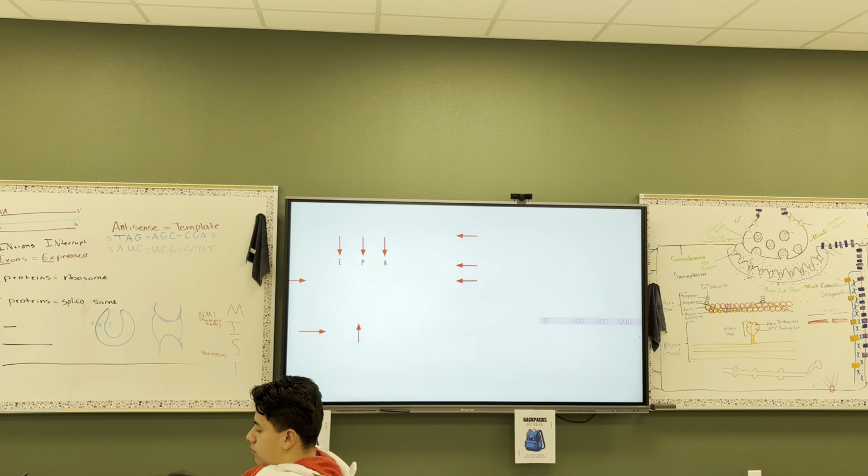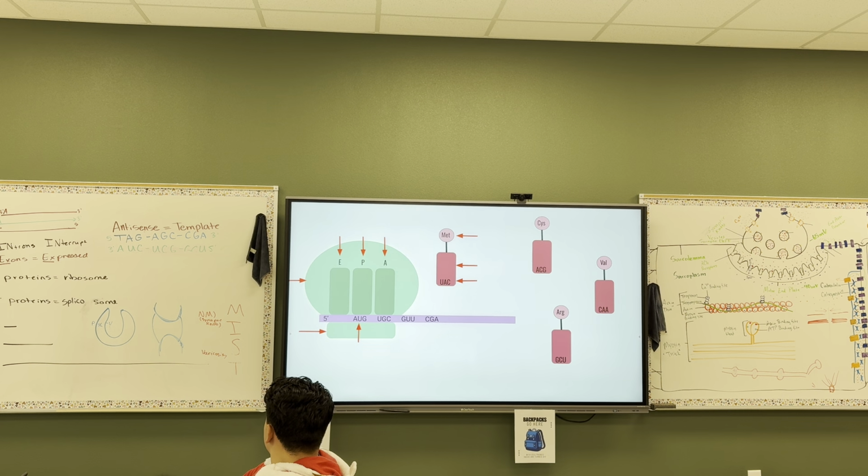We have the large ribosomal subunit right here, we have the small ribosomal subunit here, and what's sandwiched in between? mRNA. And what are these over here? tRNAs, because they hold amino acids. Perfect. So that's the first step.